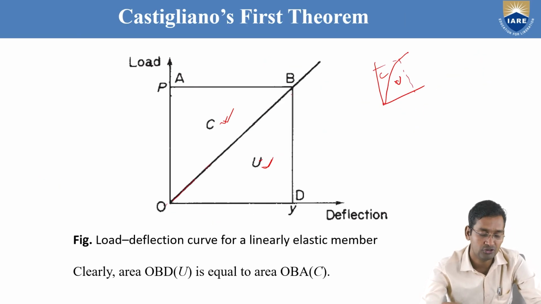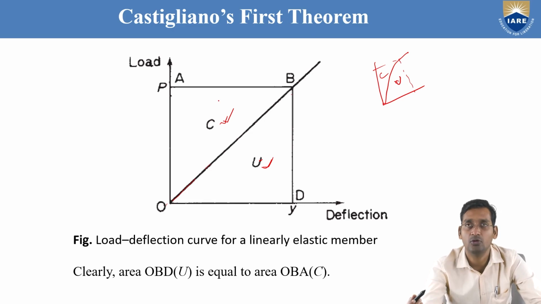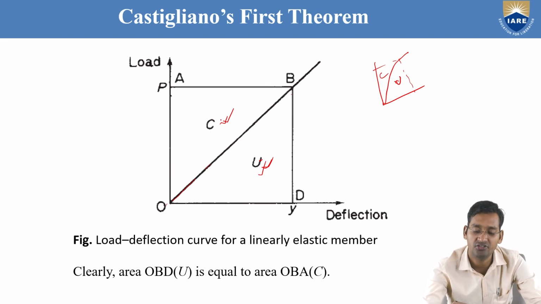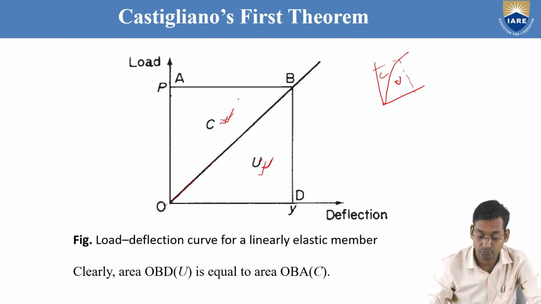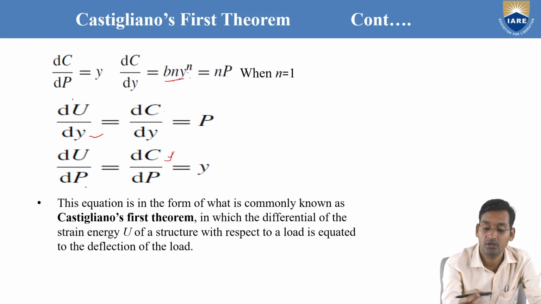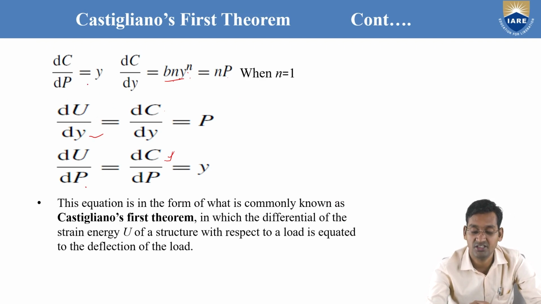Now from those equations the Castigliano theorem came, and according to that, this is just for linear elastic. What we derived is for non-linear also. For this linear elastic, this is the linear, that is a straight line curve, and this is the strain energy, this is the complementary energy. So from those two equations, we got dc by dp equals y.